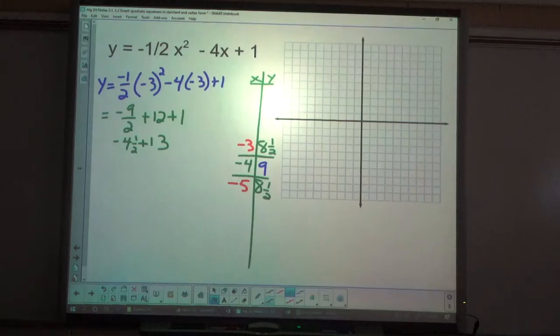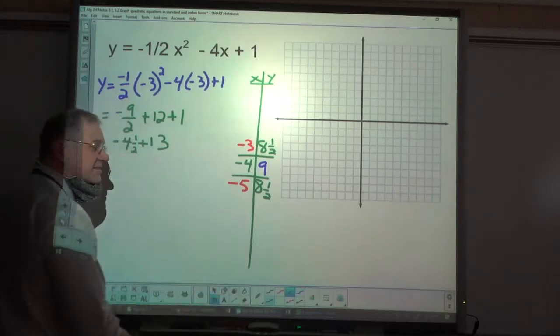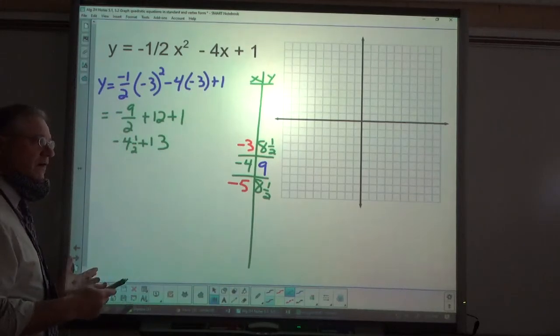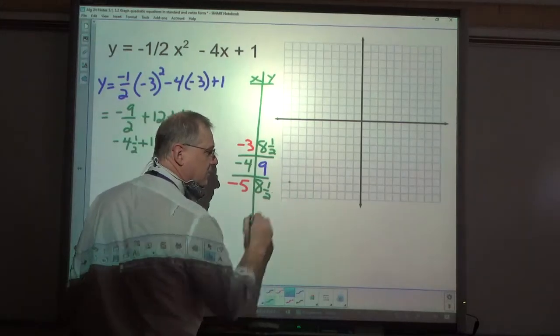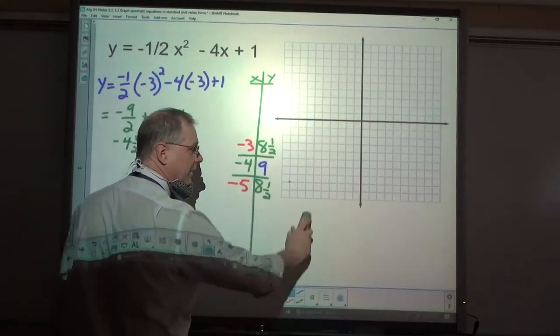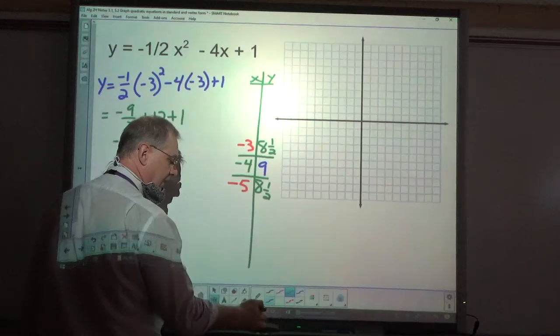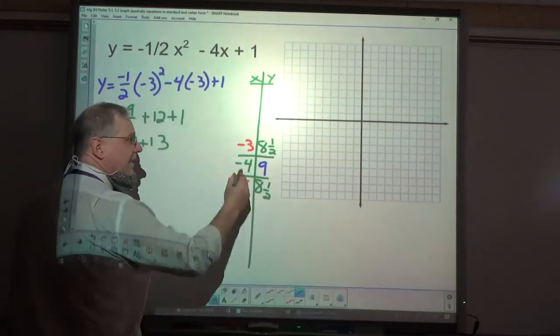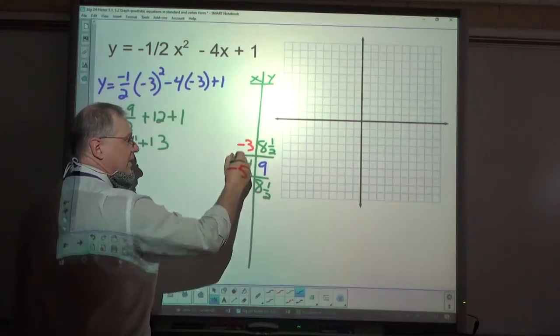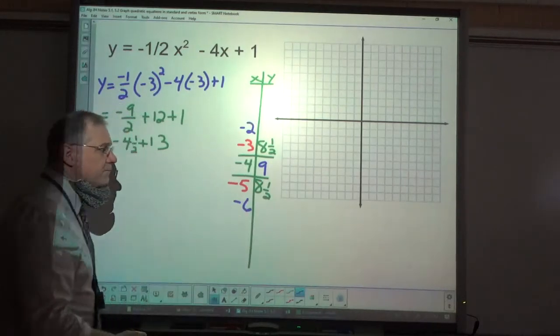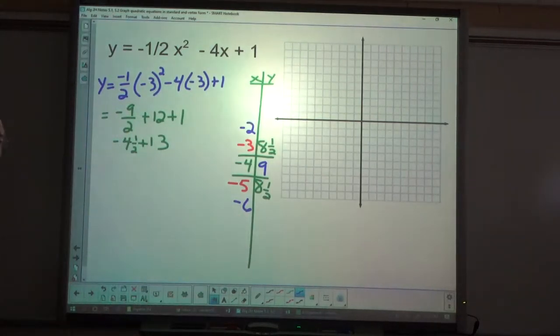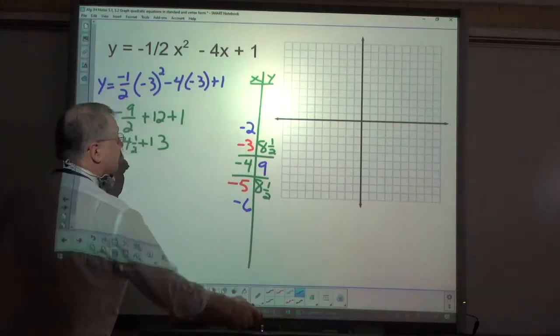It's not that difficult to graph half spots, but I would like to see results where it's at a crossroads here, at an exact coordinate, not partway along. So what I'm going to do is go every other spot and see if that makes a difference, like -2 and -6, and see if that comes out at a nice intersection.